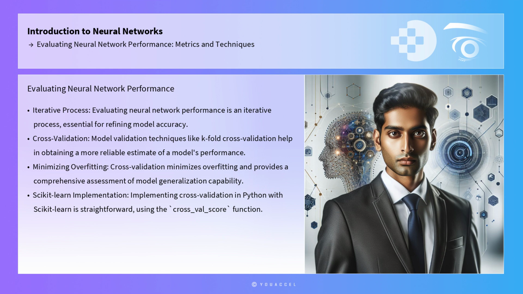This approach minimizes overfitting and provides a more comprehensive assessment of the model's generalization capability. Implementing cross-validation in Python with scikit-learn is straightforward, using the cross_val_score function, which automates the training and evaluation process, providing a mean score and standard deviation across folds.